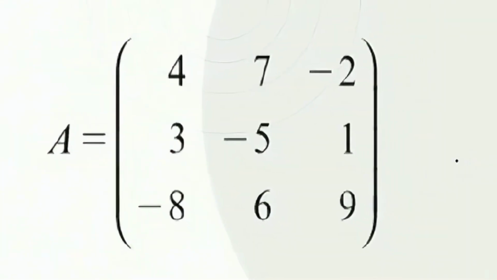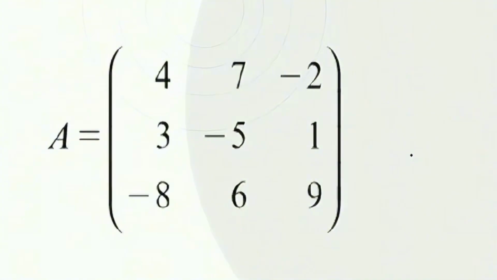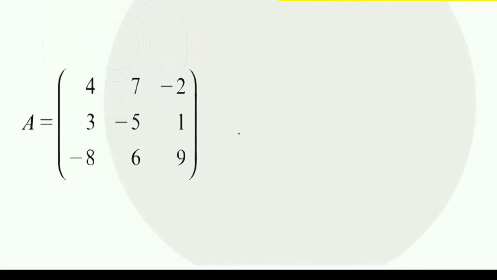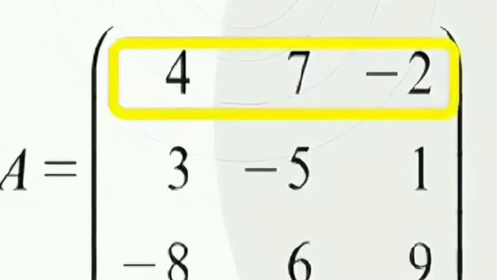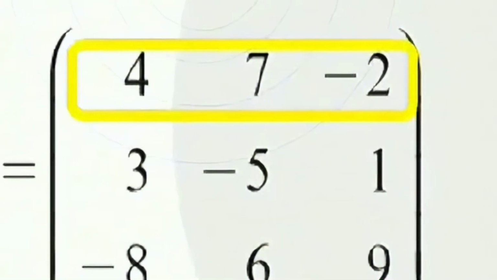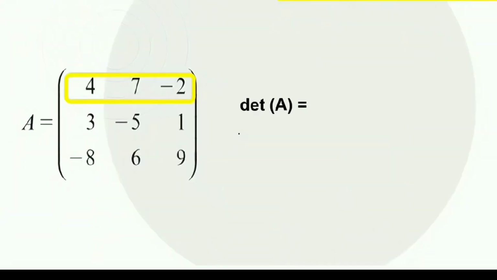Now, how to calculate the determinant of a matrix by cofactor expansion? I select any row or column. For example, I select row 1 with the elements 4, 7, minus 2. Then, the determinant of A will be equal to 4 times its cofactor, as it is located in row 1, column 1.